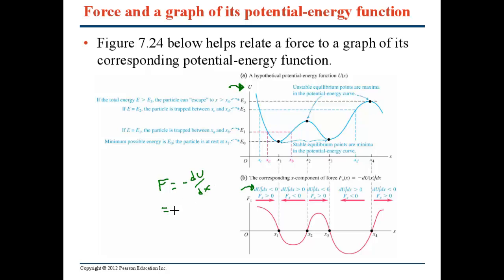What that's really saying is that it's equal to the negative slope, if you haven't yet seen this in calculus. So right here it is sloping downwards. That tells you that the force is going to be positive. When the slope is equal to 0 at these points right here, then the force is going to be equal to 0, and really just the slope is going to give you the force.